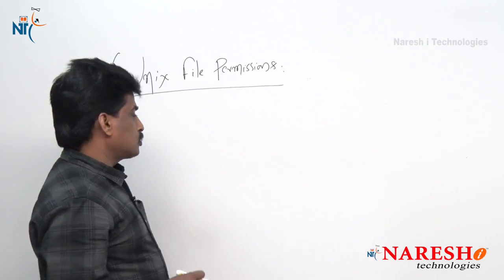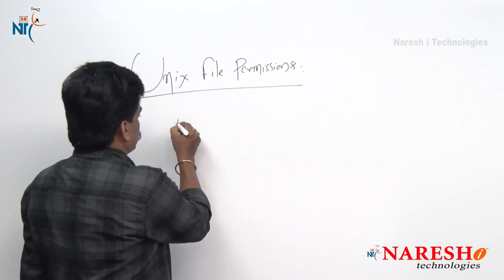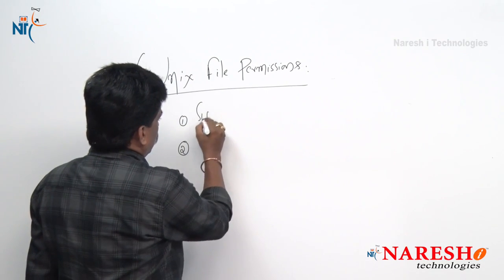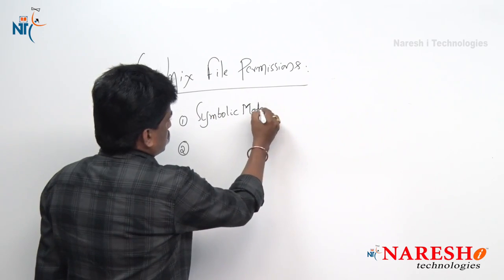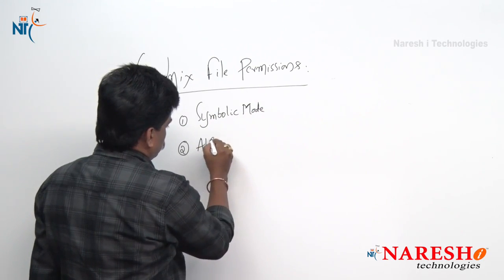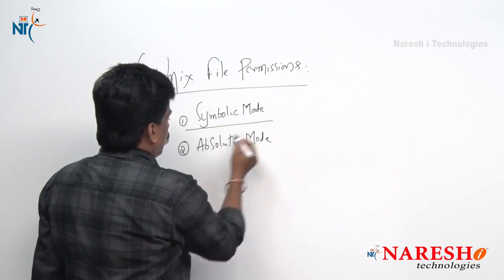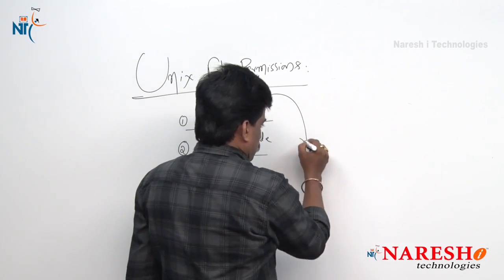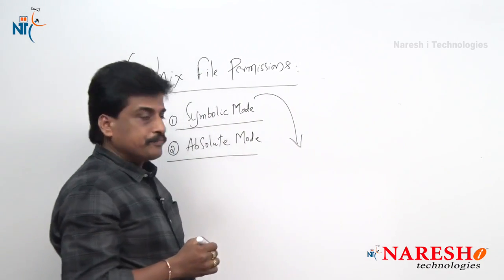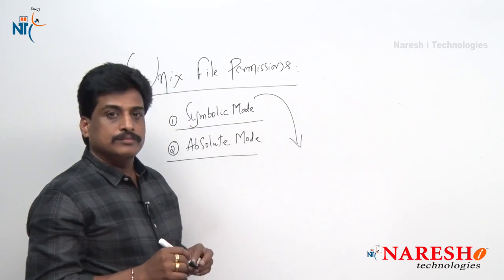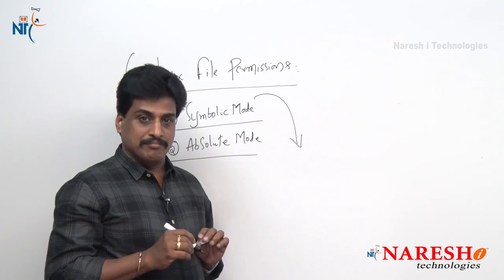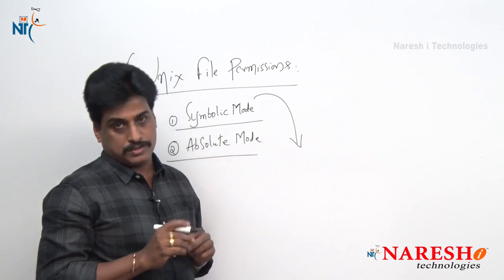These permission modes are classified into 2 types. Number 1, symbolic mode. Second one, absolute mode. First, we'll observe symbolic mode. This mode works completely based on symbols or notations.